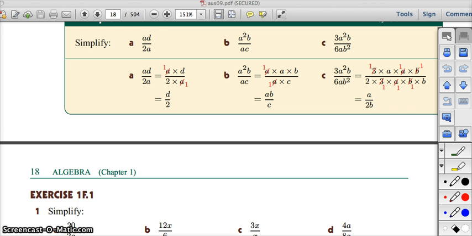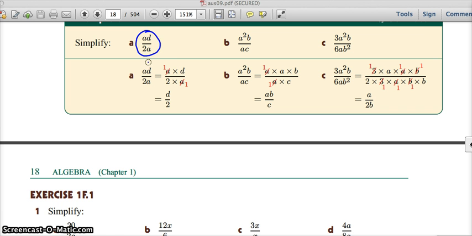All right? So when we take this one, for example, what's the sign between the A and the D, Charlotte? Times. And so what we've got on that top line is A times D. That's what I mean by expanding. And then what have we got on the bottom line there, Paris? 2 times A. And so we simply expand it first.